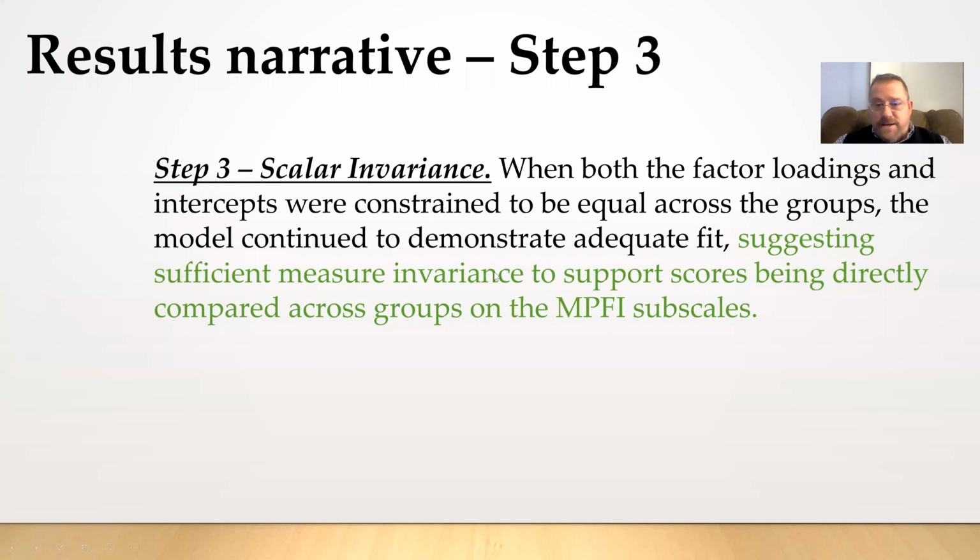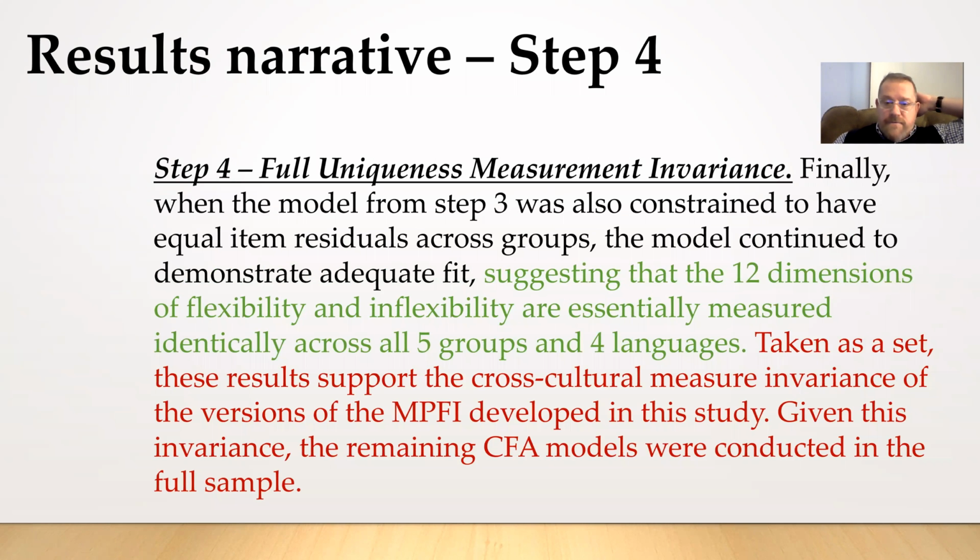And this is text directly out of the paper, and that will be in the Blackboard as well. Scalar invariance supports scores being directly compared across groups. And full uniqueness invariance suggests the constructs are essentially measured identically across the 5 groups in 4 languages.